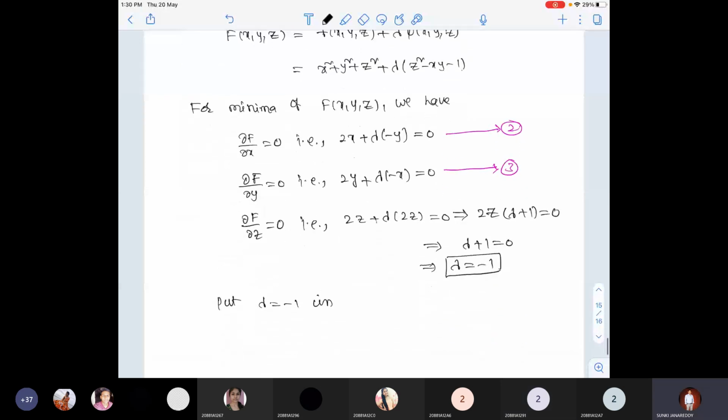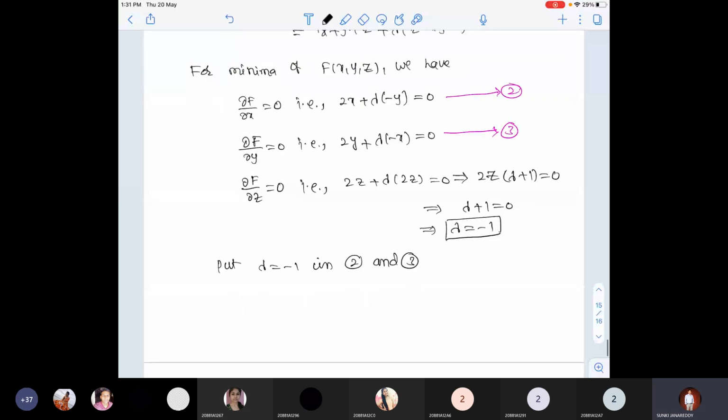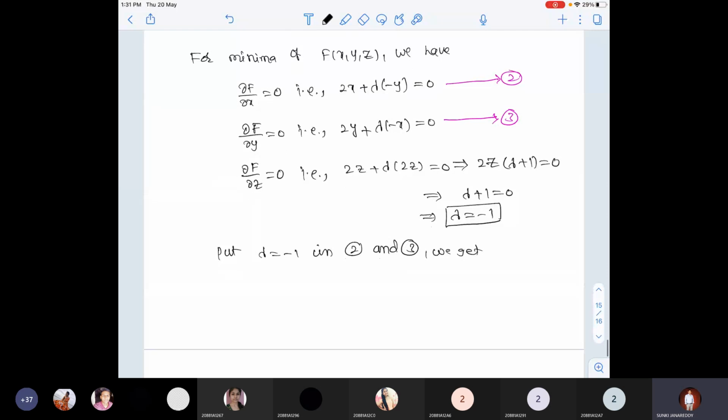Now put lambda is equal to minus 1 in 2 and 3. What do we get? 2x plus y equals 0, and x plus 2y equals 0.